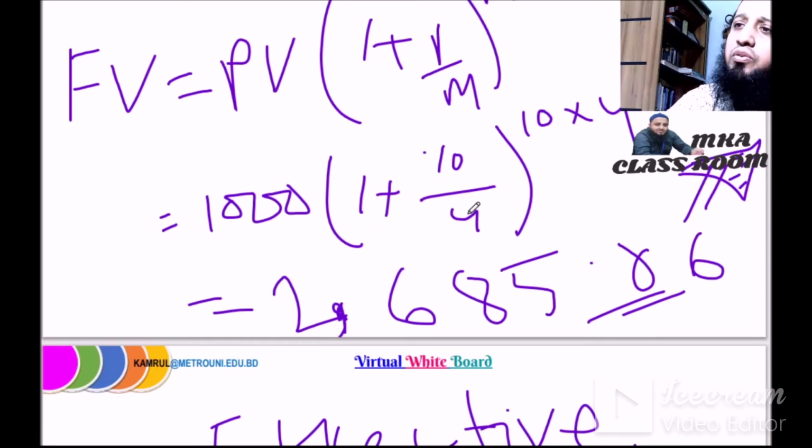That means it is more than the 10% we have thought. So, that is actually the effective interest rate.